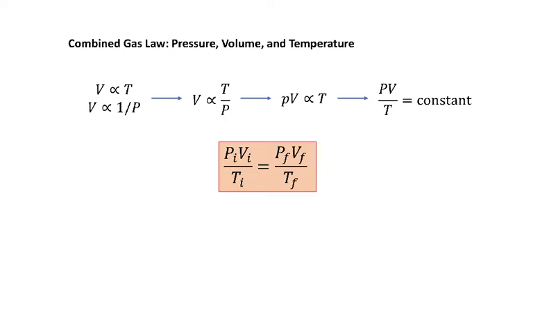So if we look at volume and temperature, we have a relationship, and volume is also proportional to 1 over P. Now, proportionality just means that they change together one way or another.